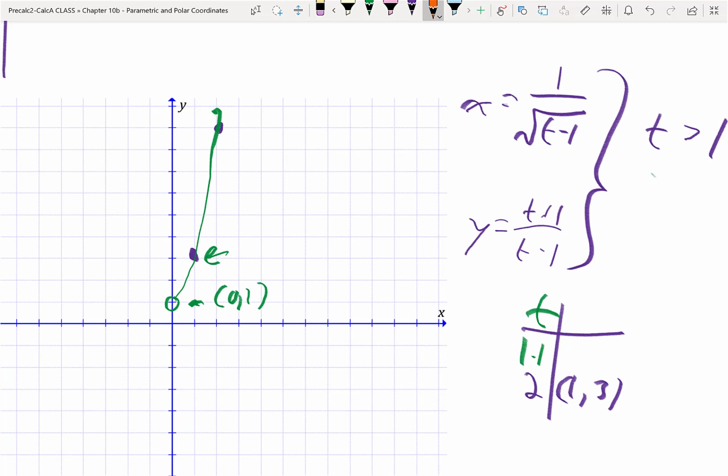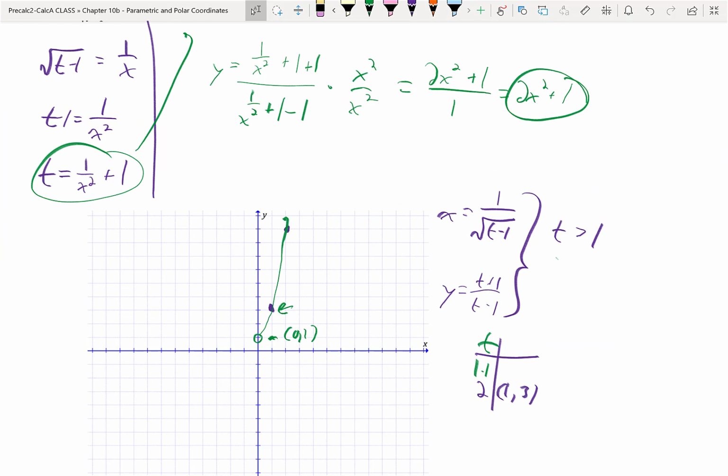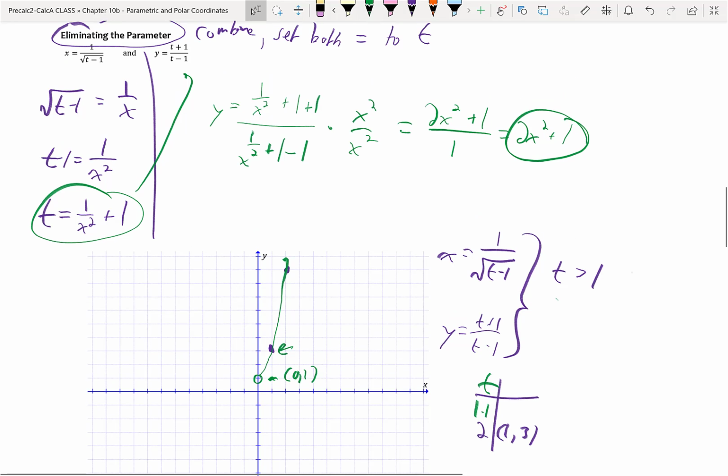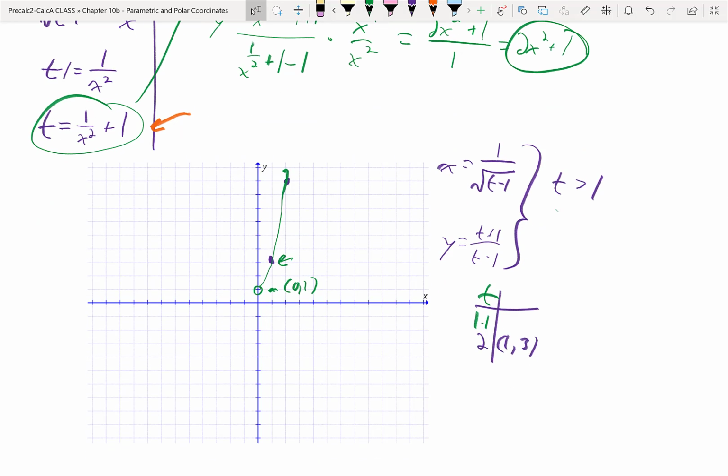I wouldn't completely expect you to know that because I don't want to talk about limits just yet. So I'm not going to cry if you start at 1, 3. But you do have that entire space where t is close to 1. I suppose you can plug 1 in here. But t can never be... or not t is 1, sorry. X is 1, y is... or x is 0, y is 1.